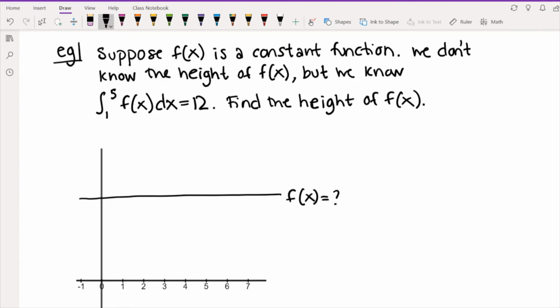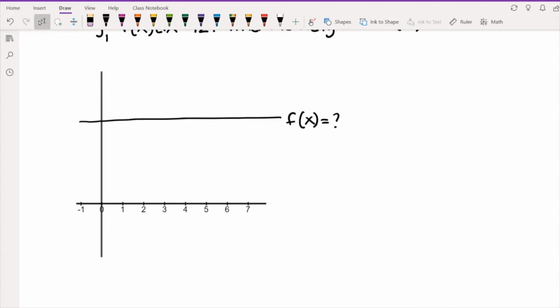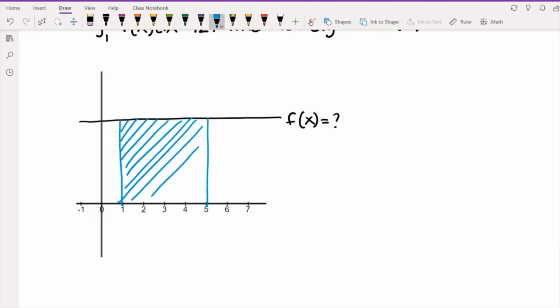If we say the integral from 1 to 5 of this function is 12, what does that actually mean? Well, that means that if we go in between 1 and 5 and sketch this rectangle, the area of this rectangle is 12.